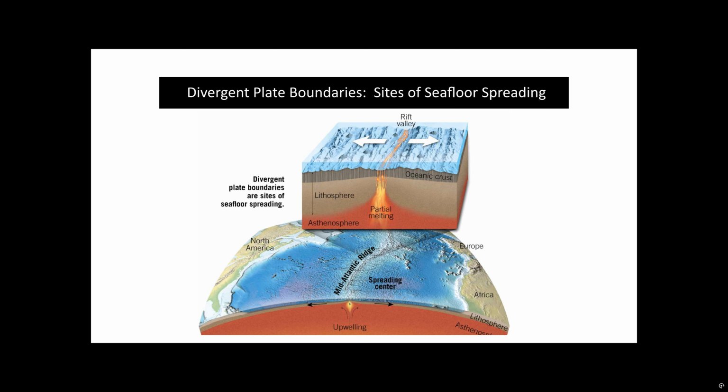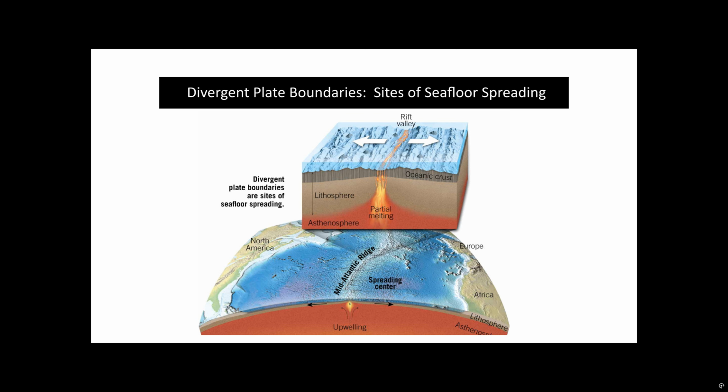In this illustration, you can see a good cartoon, if you will, of the sites of seafloor spreading. In the lower illustration, you see the Mid-Atlantic Ridge and a little arrow pointing toward the spreading center. This is the Rift Valley. And on the top, you see a close-up of what the Rift Valley looks like.